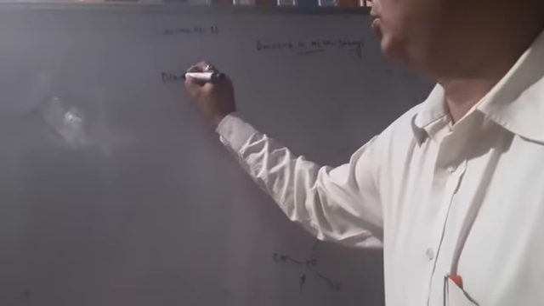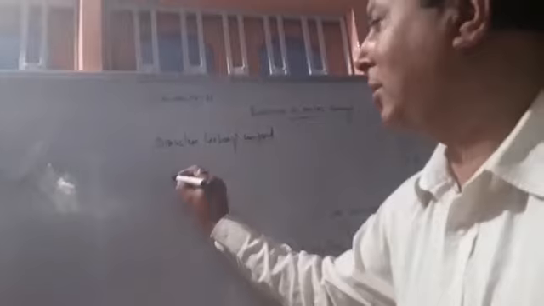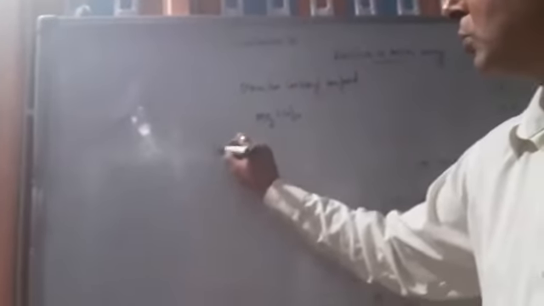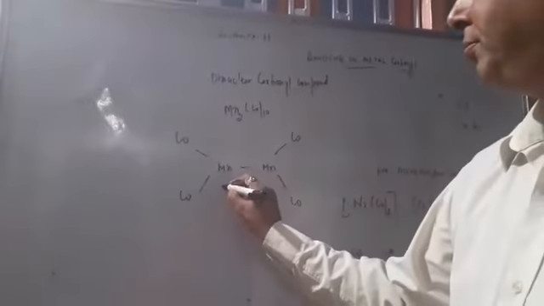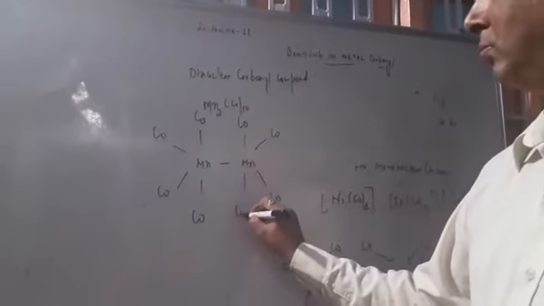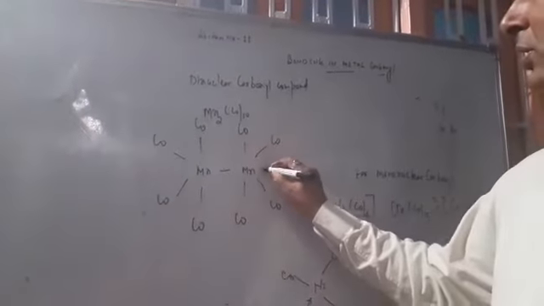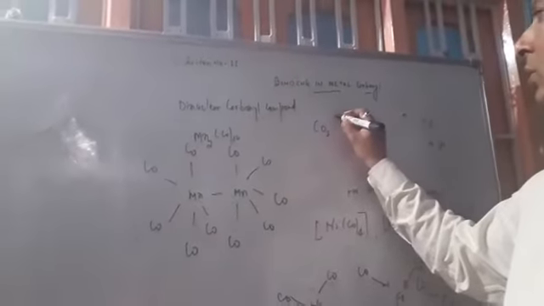There are also many dinuclear carbonyl compounds, for example Mn2(CO)10 and Co2(CO)8.